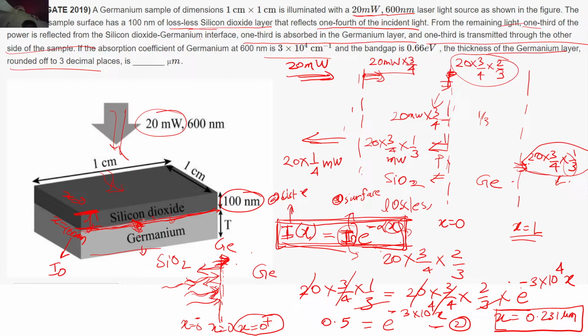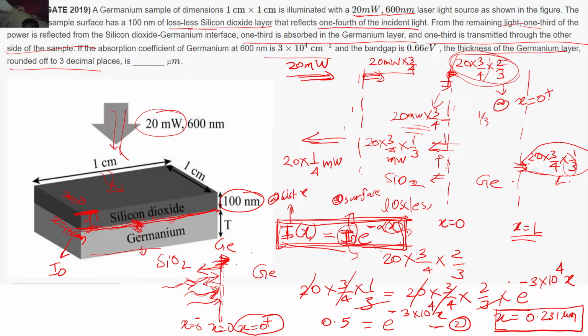Out of this power, 1/3 is again getting reflected. So if 1/3 is getting reflected, then 2/3 of the power is getting transmitted from the interface. So this 2/3 of 20 into 3/4 is the power at x equal to 0 plus.